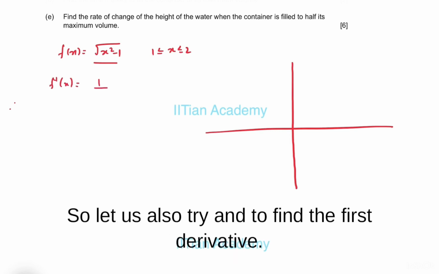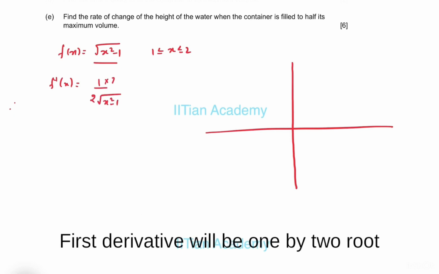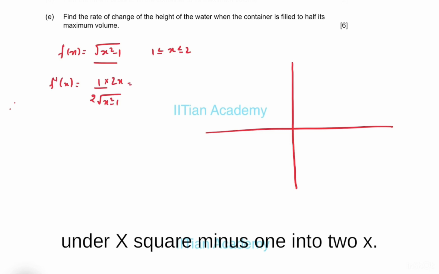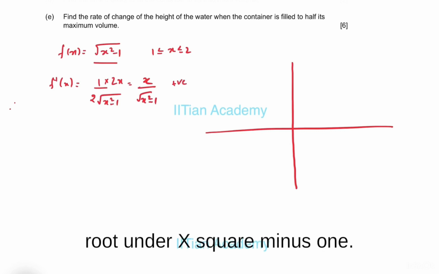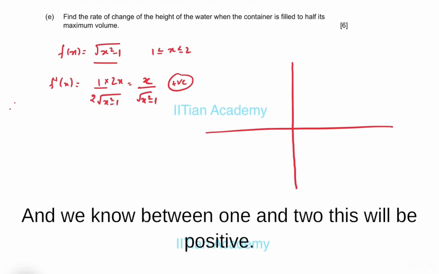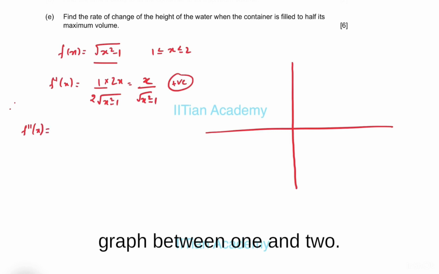So let us also try to find the first derivative. First derivative will be 1 by 2 root under x² − 1 into 2x. So this will be x divided by root under x² − 1, and between 1 and 2 this will be positive. So the curve has an increasing graph between 1 and 2.